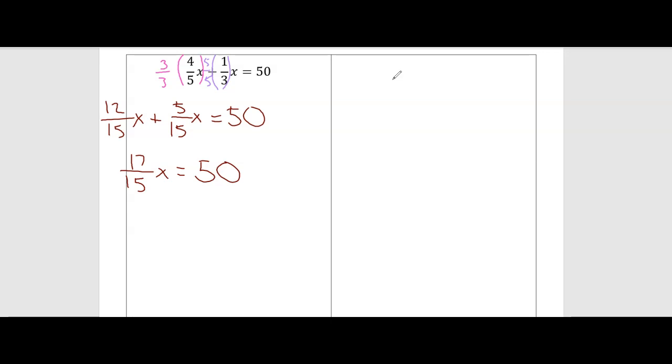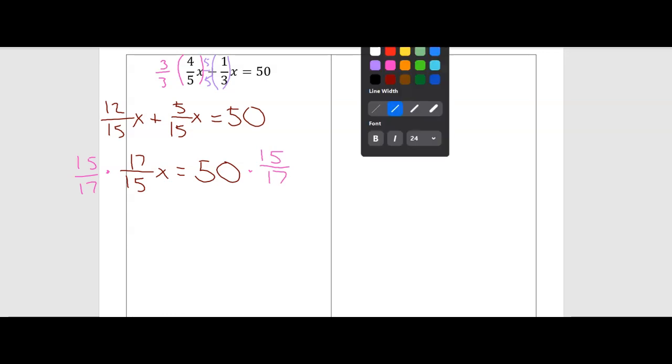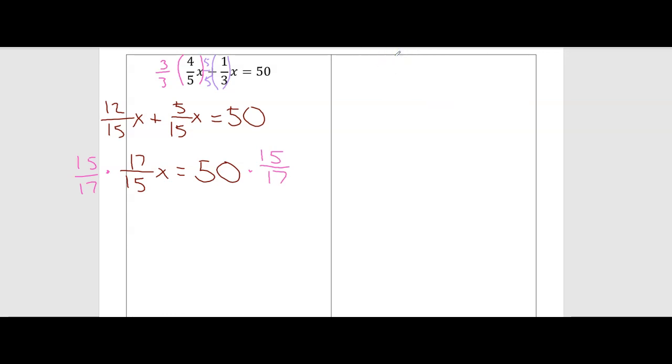I think the easiest thing to do is get rid of the fraction all at once. To do that, you can multiply by the reciprocal. So I'm going to multiply by 15/17 on both sides. The nice thing is that on the left, these fractions simplify to 1, so I'm left with x.